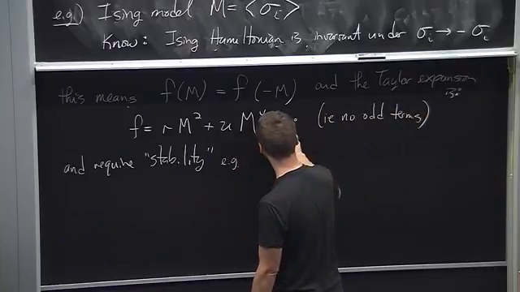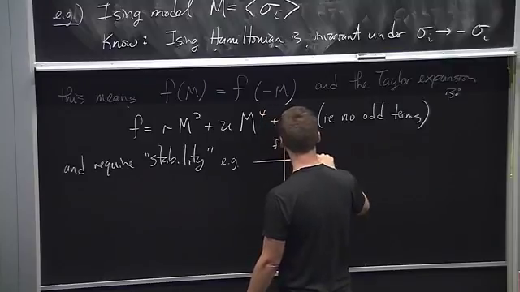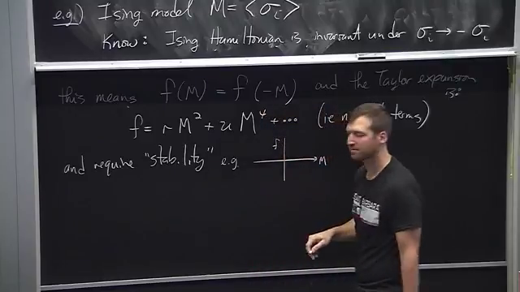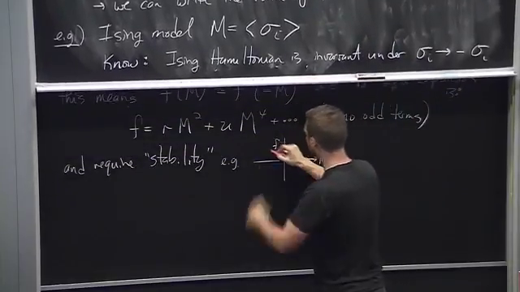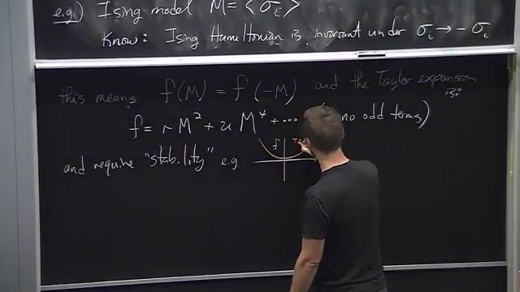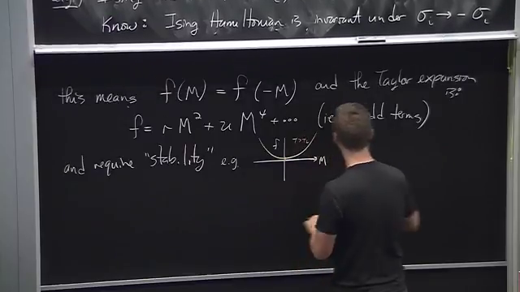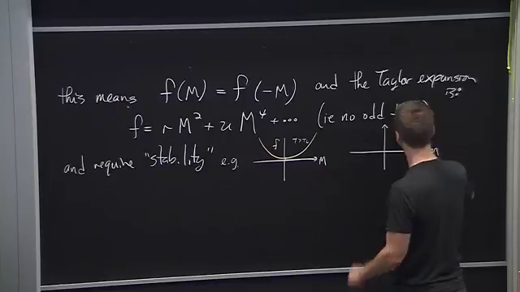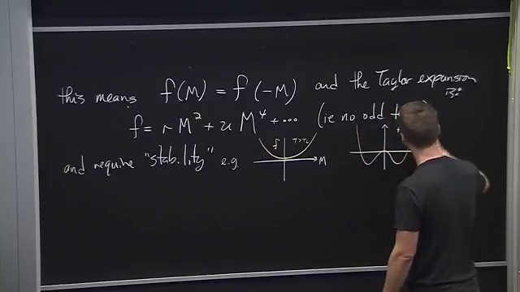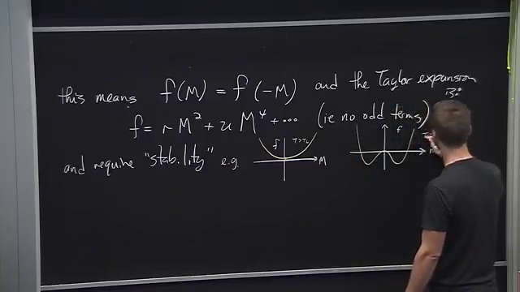So we've already seen this. If we plotted the free energy versus magnetization, we had two curves previously, one for t greater than Tc, one for t less than Tc.